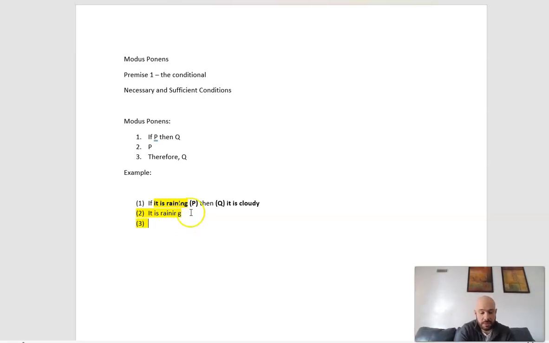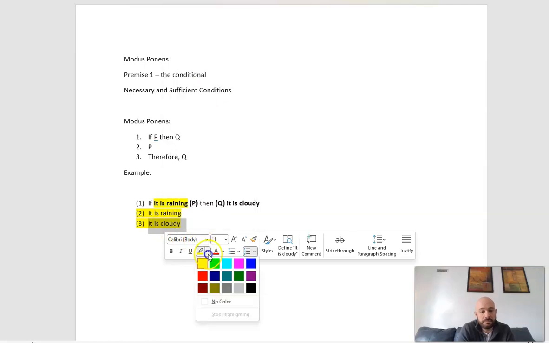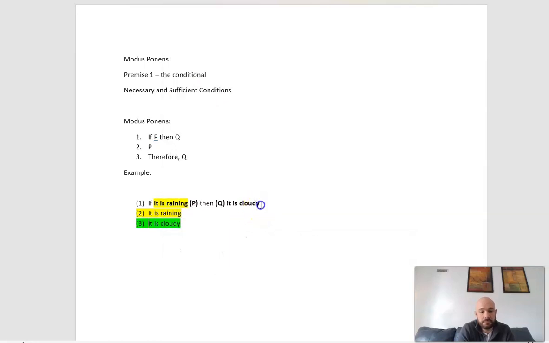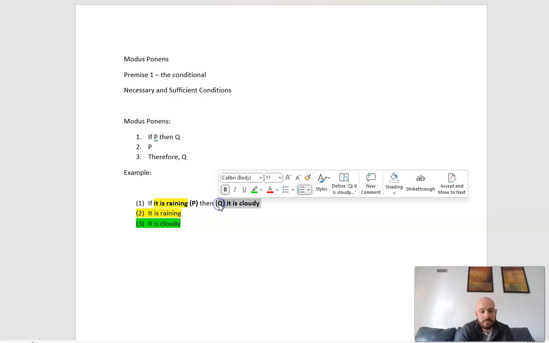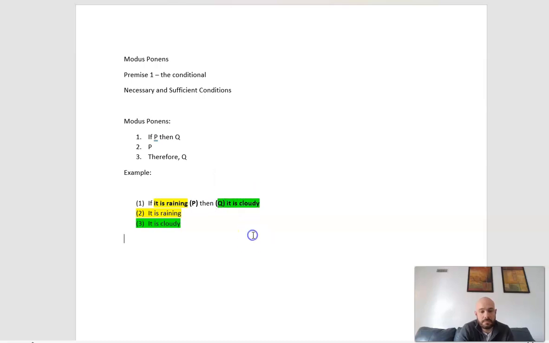And here then we have the conclusion, and this is also in the correct spot. Right? So we have if it is raining, then it is cloudy. It's raining, therefore it's cloudy. So that is modus ponens.